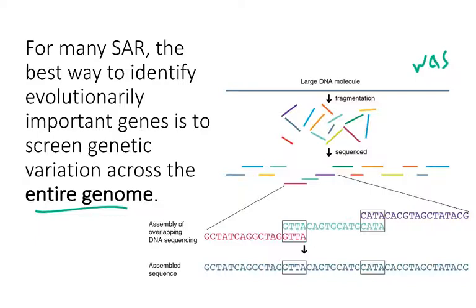That's because oftentimes those adaptive genes are so few and far between that they'll be easy to miss if you don't sequence the whole genome. So really, it's best if we look at everything, and then we have a better chance of finding those genes that can be important and informative in helping us determine how that population will fare in these changing environments.